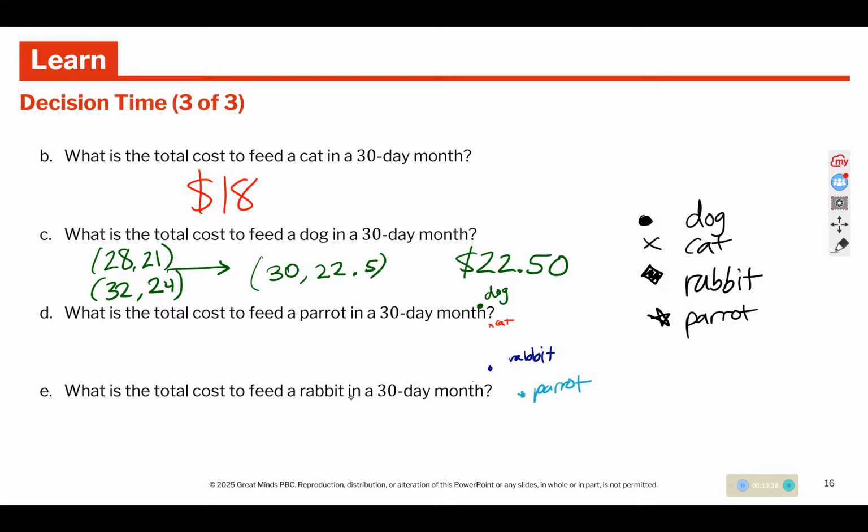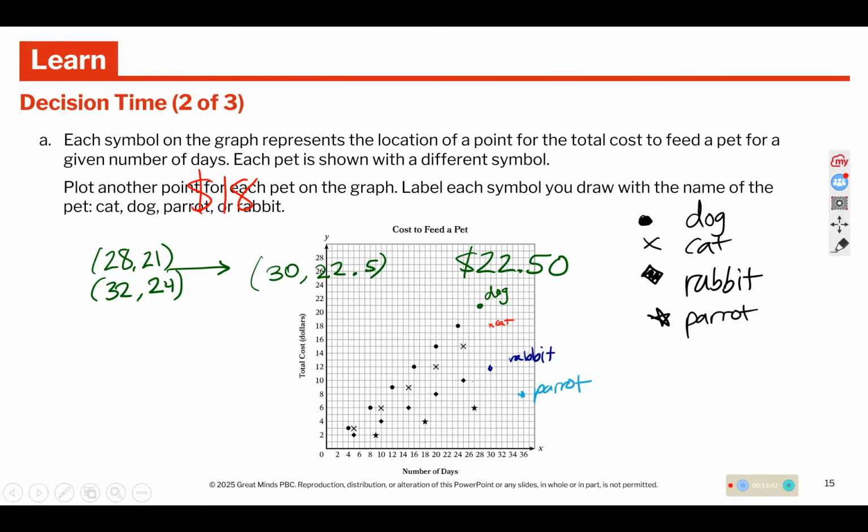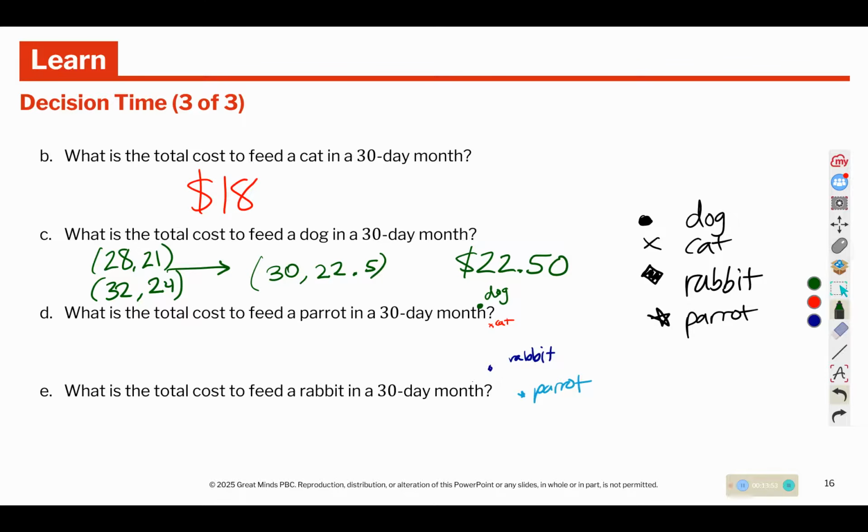How about the parrot? The parrot is at the point 36, 8. Let's draw a double number line.